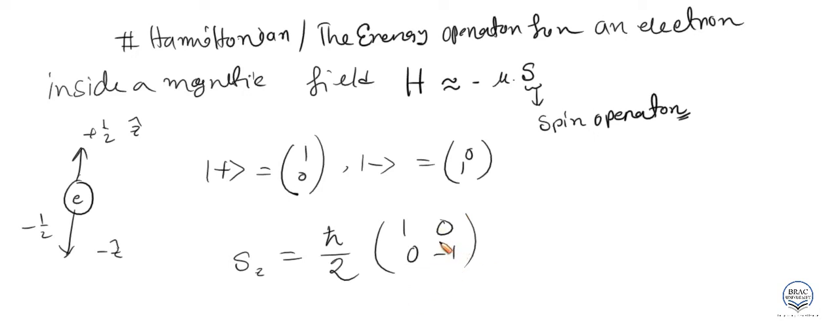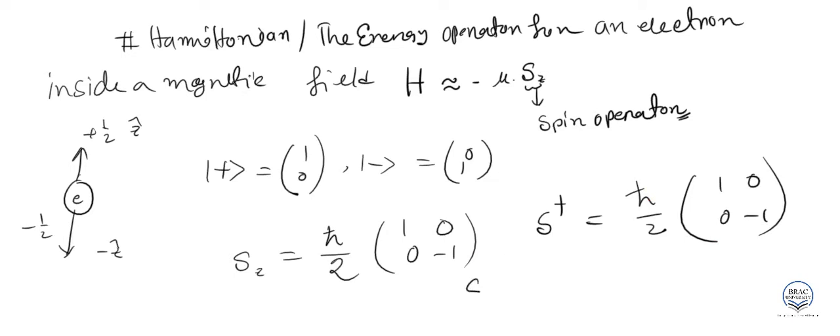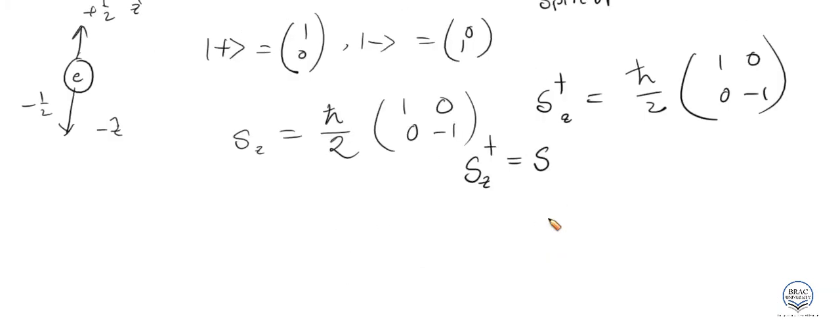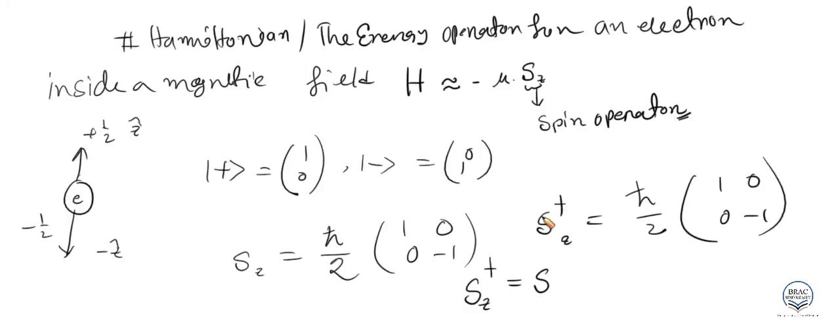So when you are talking about this z-axis spin operator, this is an Hermitian operator, because if you take S dagger, this is just h cut by 2 and 1 0 0 minus 1. So S dagger of z is equivalent to this. This will be more clear when we deal with the eigenvalue problems. From there you can get the idea of the observable for sure.